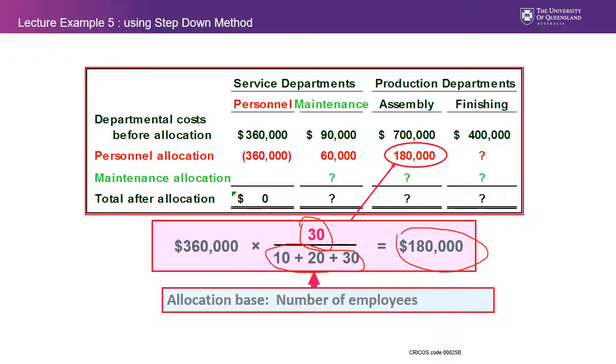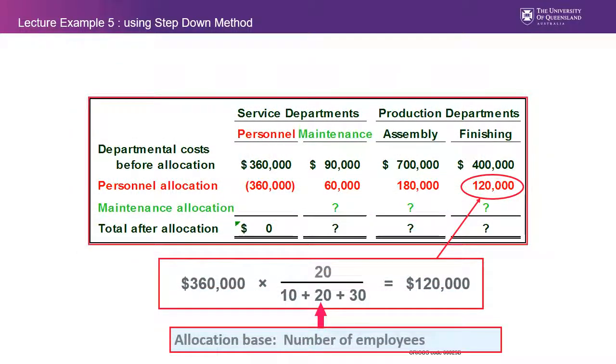That's all the employees in maintenance, assembly and finishing. And 120,000 to finishing. So there were 20 employees in finishing, same denominator, the 10 from maintenance, the 20 from finishing, and the 30 from assembly. So we're going to take 20 divided by 60 times 360,000 gives us 120,000 that we allocate to the finishing department.